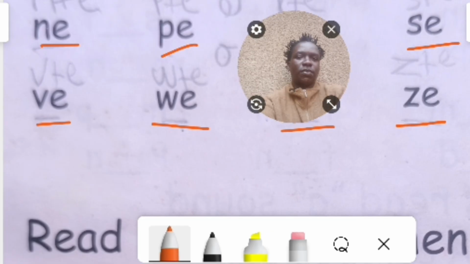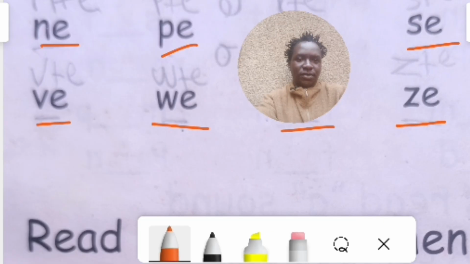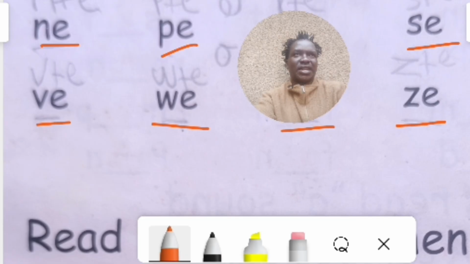I believe that you will learn them well. E doesn't sound like E, because E is an alphabet letter, but in a vowel it sounds like A.